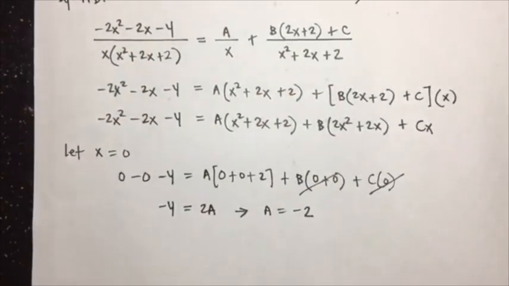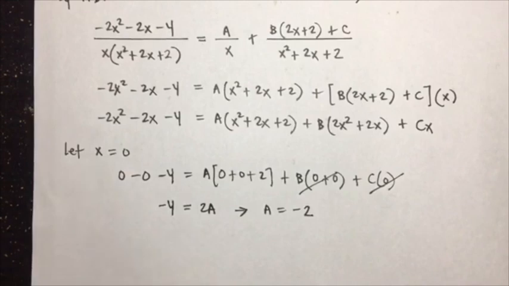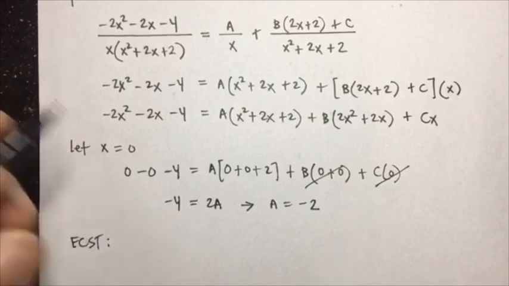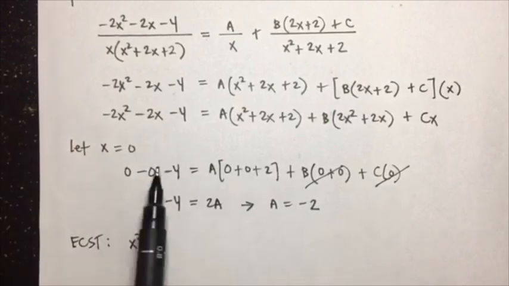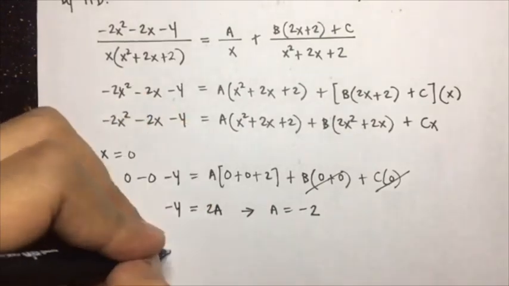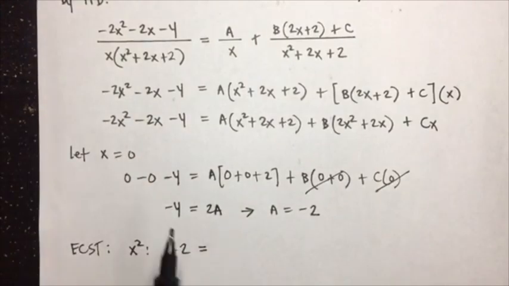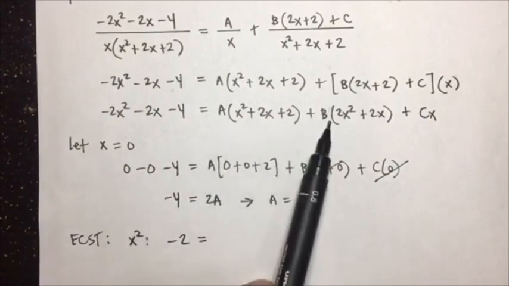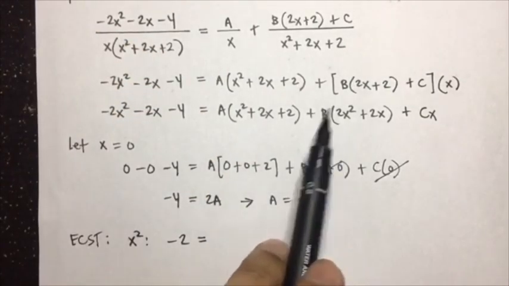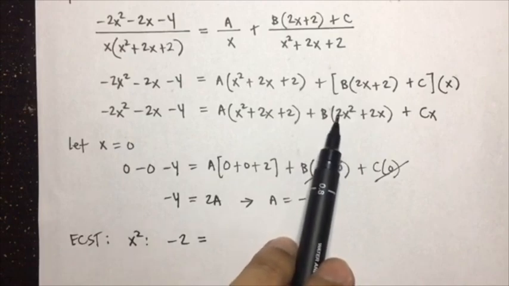Okay, so next, since we don't have any more values for x to use, we will now proceed with equating coefficients of similar terms. So equate coefficients of similar terms for x squared. On the left side, negative 2 is equal to, on the right side, a plus b. Oh, sorry, a plus 2b, because if you distribute b, it will become 2bx squared.